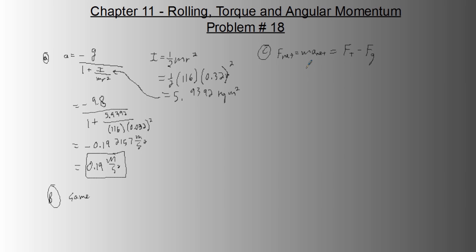So 116 times 0.19 equals Ft minus 116 times 9.8. That gives us an Ft of 109.9 newtons.